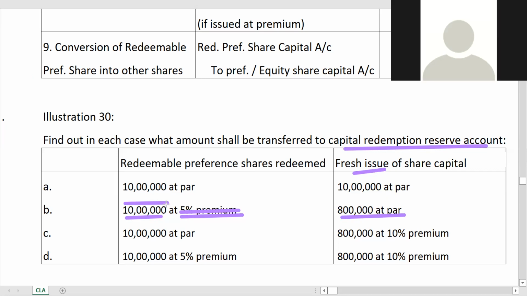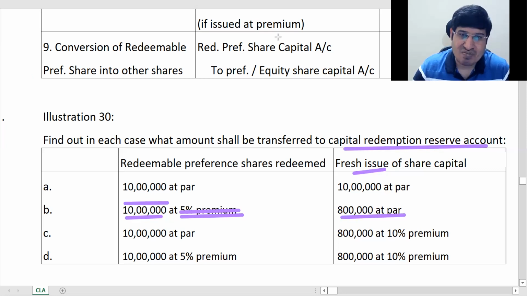Okay. So now if we go to the next part, again this redemption is 10 lakh at par, right? Now fresh issue is 8 lakhs. Now fresh issue again can be at par or premium, right? Discount is anyway stopped now. So this is the fresh issue.